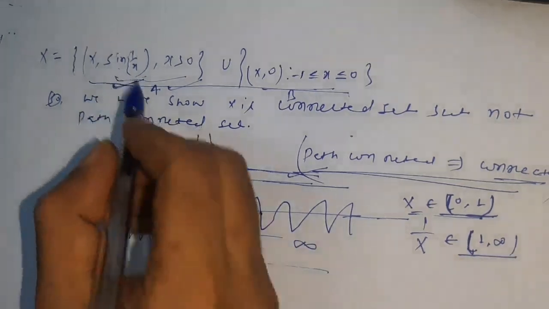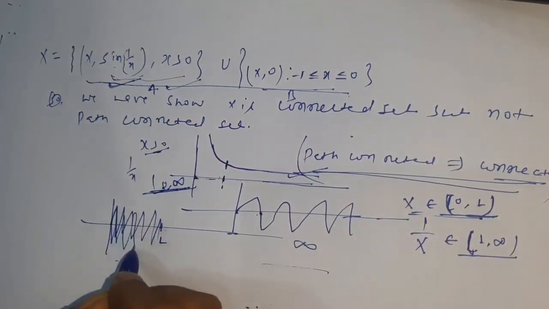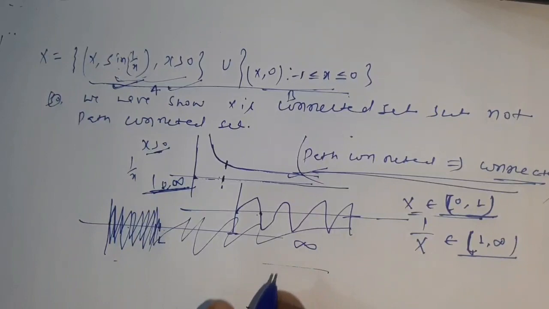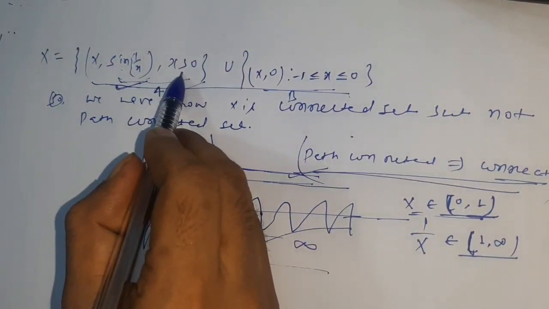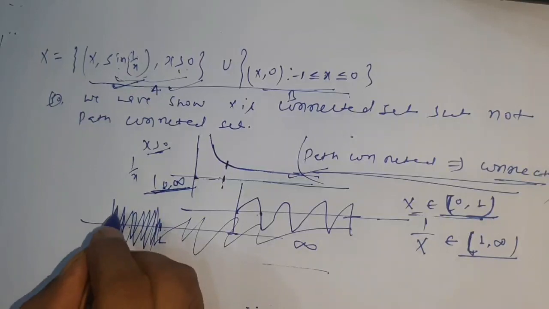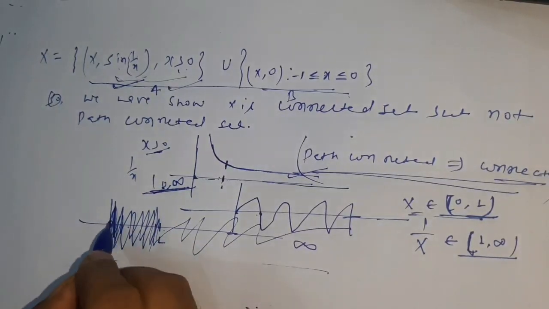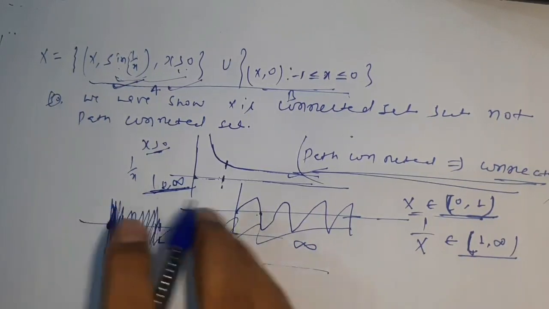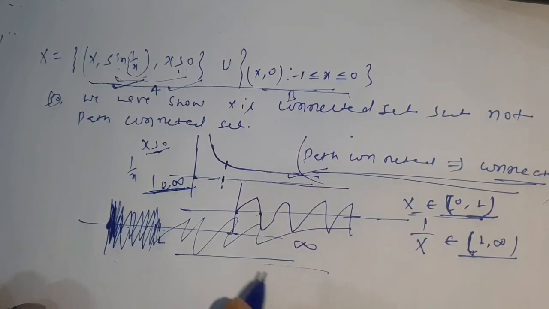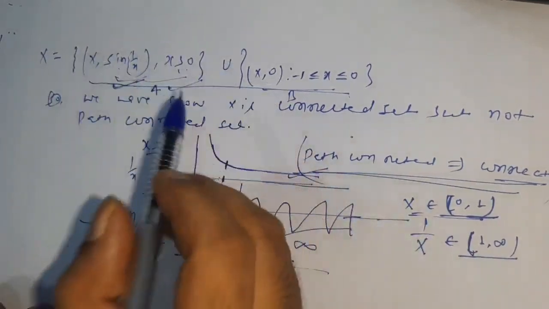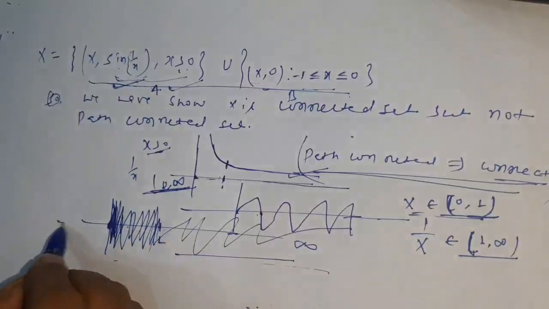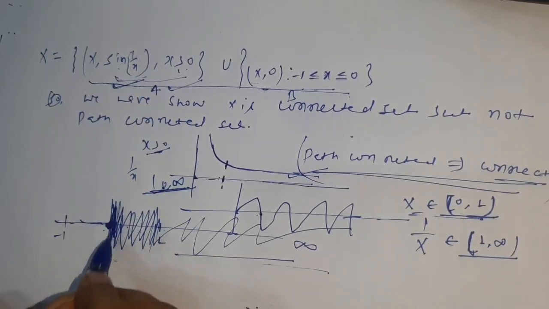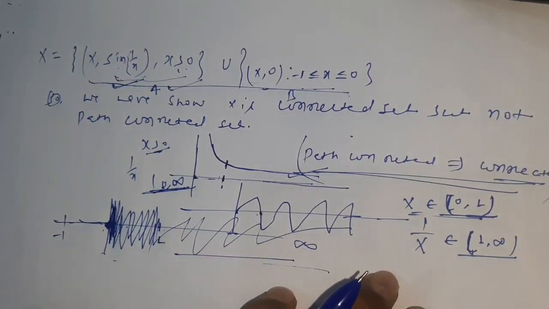So the graph of sin(1/x) is like this. Many times it approaches 0, and further along it becomes discrete. Here x is not attaining 0, but it is just converging to 0, you can understand. So this is the graph of sin(1/x), and the whole set also includes x at 0 and y from -1 to 0. So this is the graph.